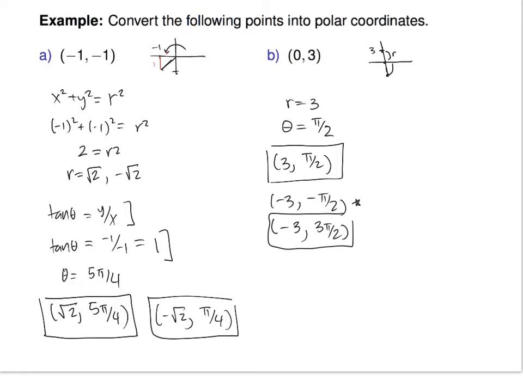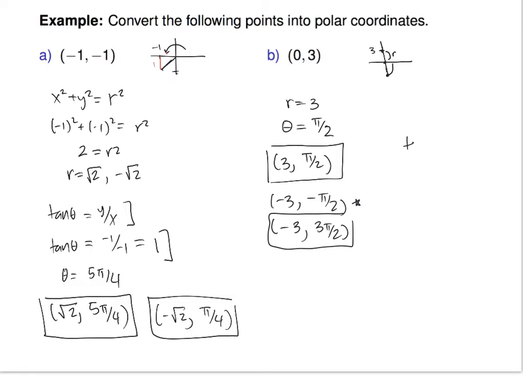Yes? If you did plug it in, wouldn't it just give you undefined for tangent, 3 over 0? 3 over 0 is infinity, and the inverse tangent of infinity is pi over 2, I think.